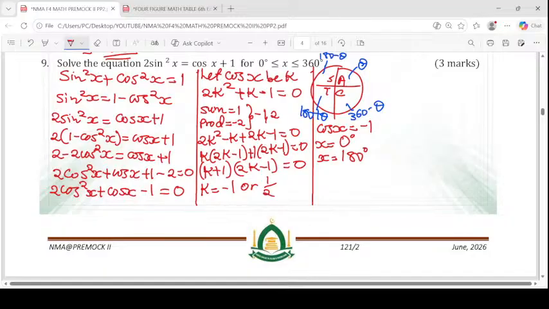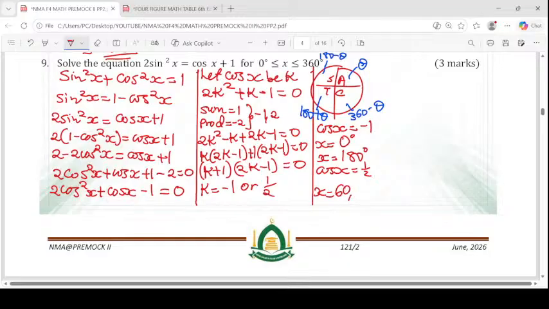What about in this case where we have cos x is equal to a half? Therefore, our values of x will be the cos inverse of a half. The cos inverse of a half, ladies and gentlemen, is 60 degrees.